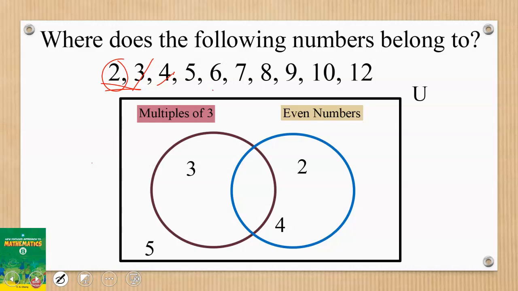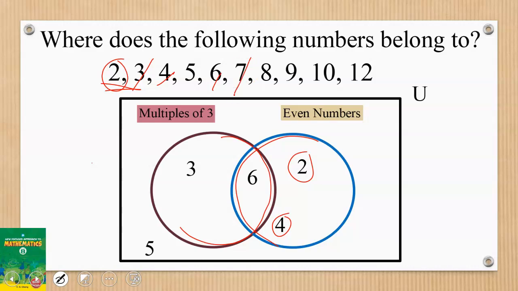Then 6. 6 is a multiple of 3, at the same time an even number, so I can put 6 in between. That means here it is part of multiples of 3, at the same time it is part of even numbers. But with the 2 and 4, they are only, you see the word only, even numbers. They are not multiples of 3.